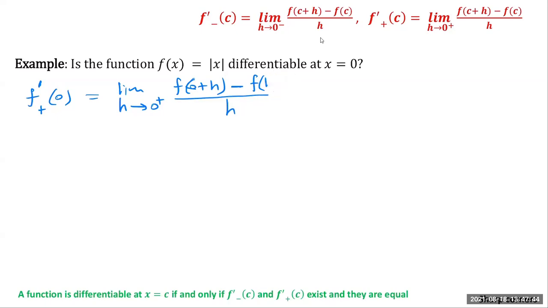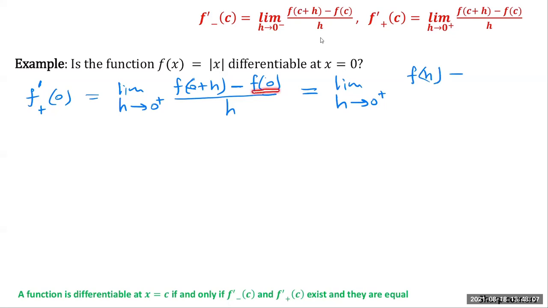Pardon me, this has to be 0. My value of c is 0, so this has to be f of c, that is f of 0. Now if I simplify my numerator, you get f of h minus f of 0.